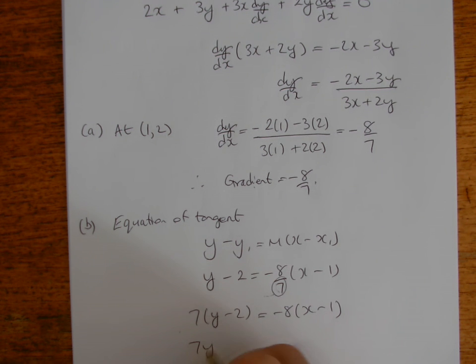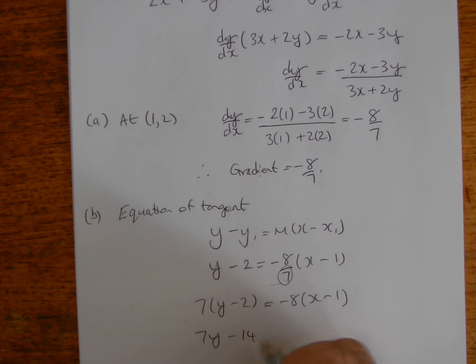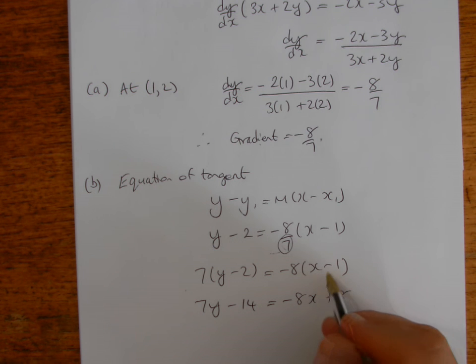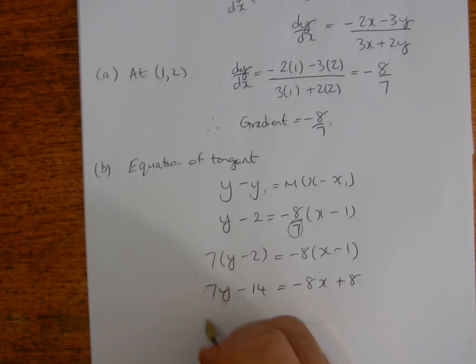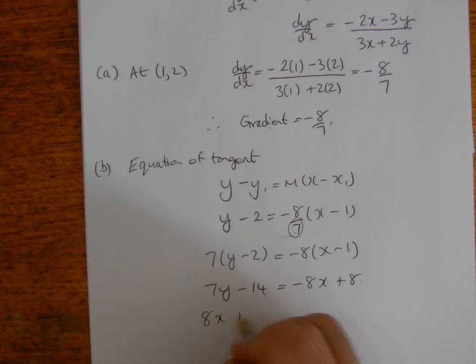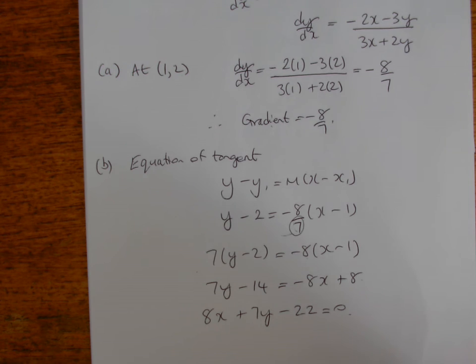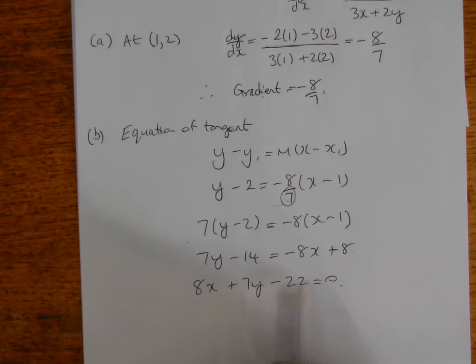So expand that out, you get 7y minus 14 equals minus 8x plus 8. When you multiply that out, don't forget minus 8 times minus 1 is positive 8, and then get everything to the left hand side, you get 8x plus 7y minus 22 equals 0. Okay, doesn't matter which way you leave it, but this is one way you could present the answer.